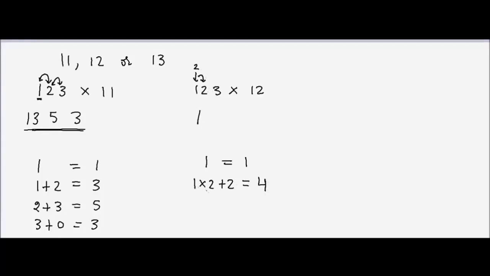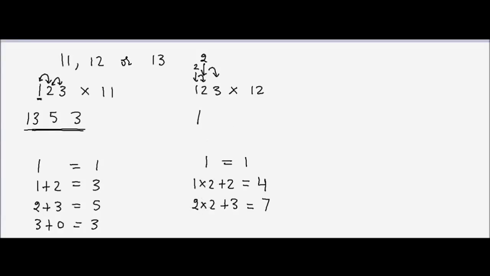Then for calculating the third digit of the answer, I'll do 2 into 2 plus 3, that will be equal to 7. So I multiply this by 2 and then add the 3, which gives 7.